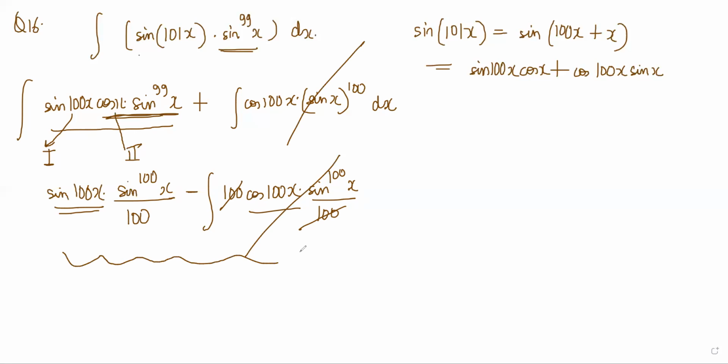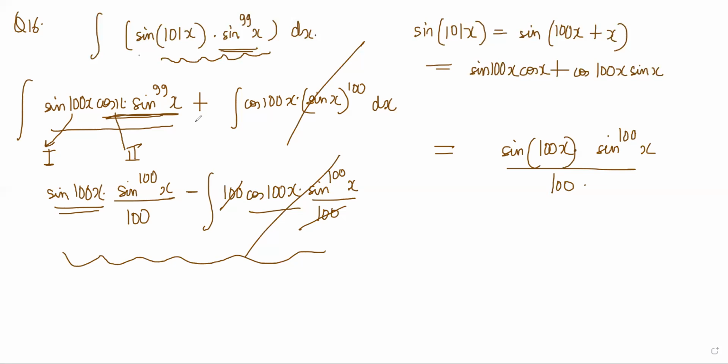This integration by parts splits in such a way that it cancels the second integral. So the answer to the whole question becomes simply sine 100x multiplied by sine power 100x by 100, right? So that is a nice looking answer that has come from a complicated sort of a question, right?